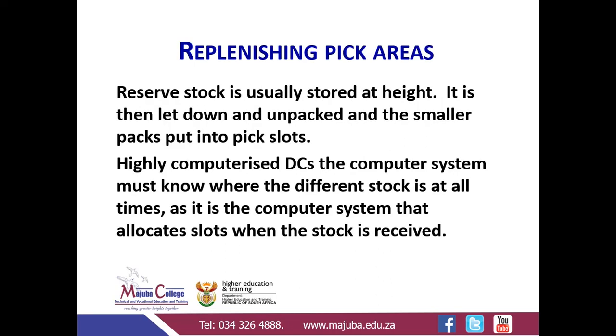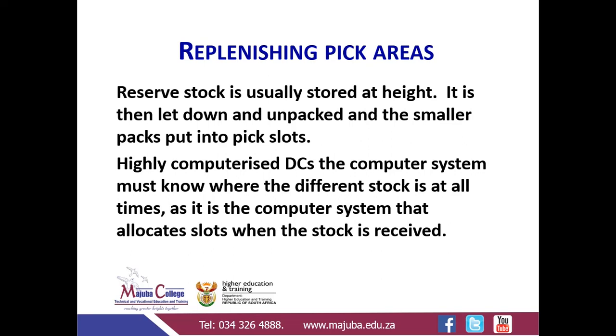Then we have to replenish. When we replenish, stock has finished and we have to put in more stock. Reserve slots are usually stored at heights, maybe on the third shelf or third rack. The stock is then let down and unpacked, and the smaller packs are put into the pick slot.